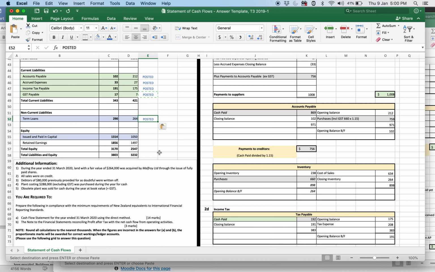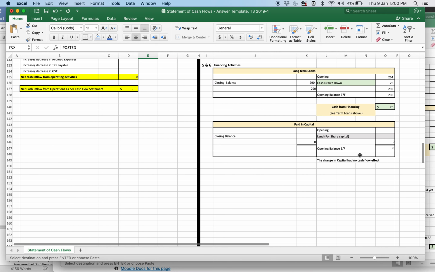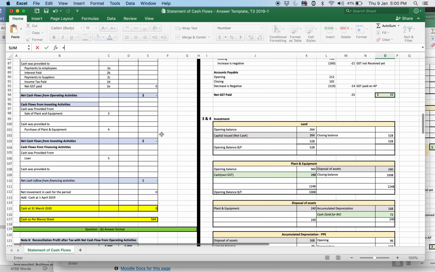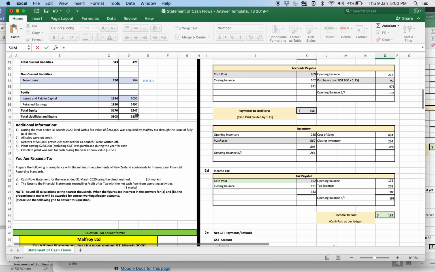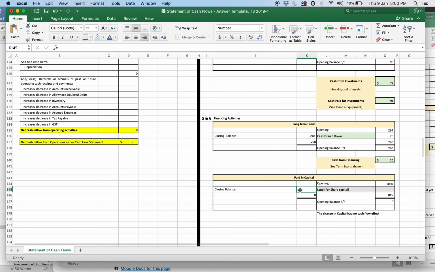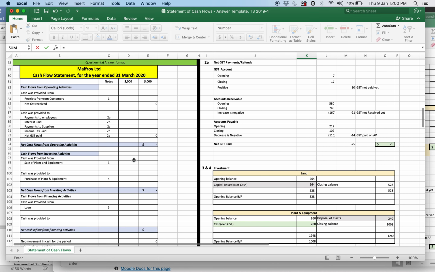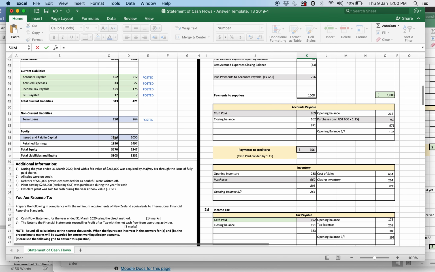If we look at the change in capital, the opening balance equals that figure there. The closing balance has gone up, so you probably remember why, but let's explain it.